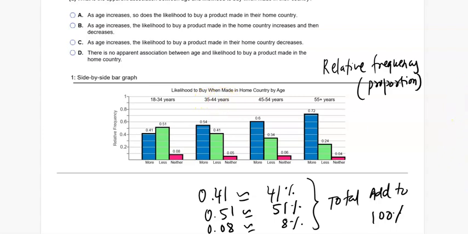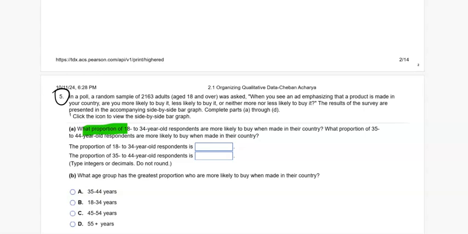So the first answer is 0.41, and the second answer is 0.54. Remember that this is the second age group, and it is a proportion, so you put a decimal between 0 and 1 as the answer. That's question A.